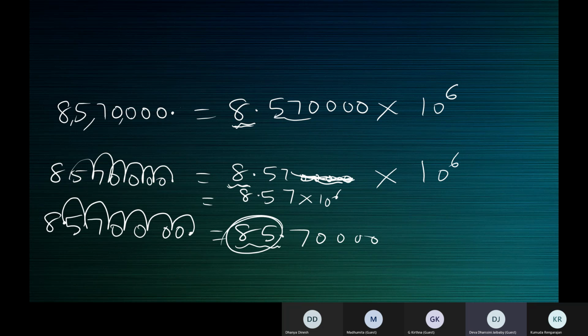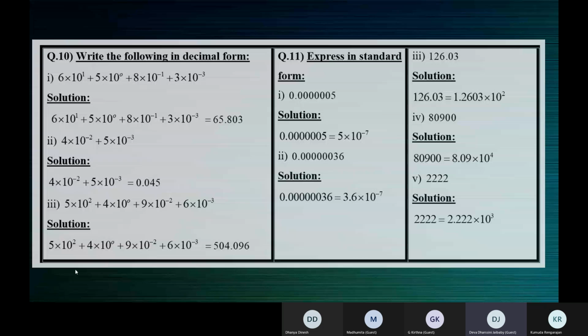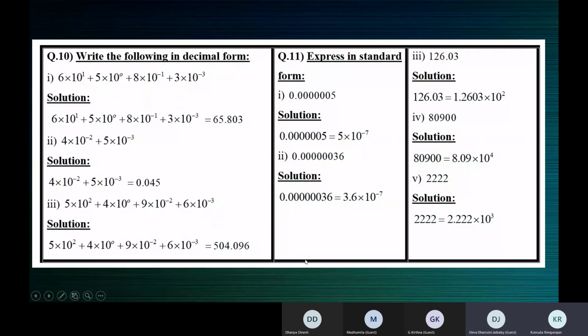All right. Yes, ma'am. All right. Please do this in your classwork. Understand and do it. If you don't understand, please ask me. First, work it. Don't just copy.